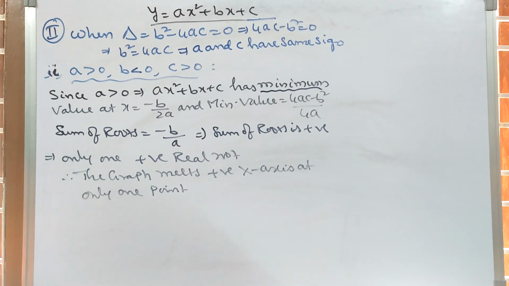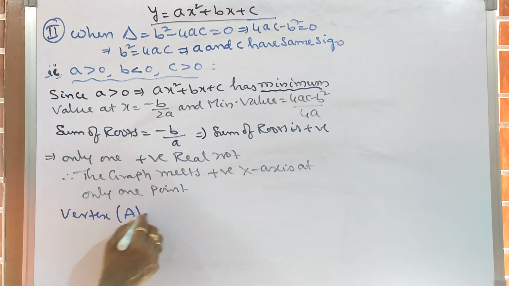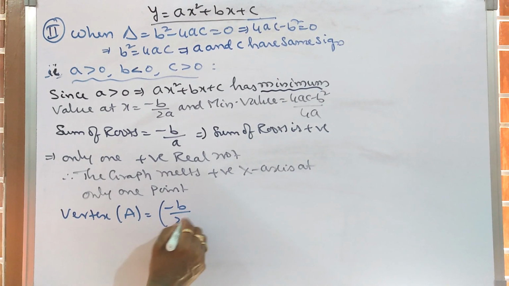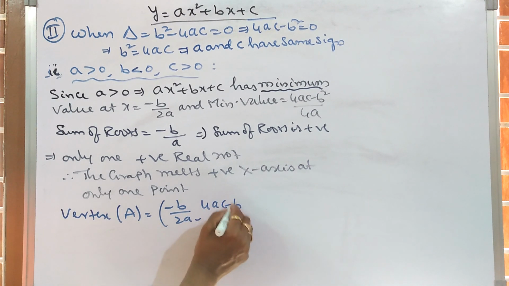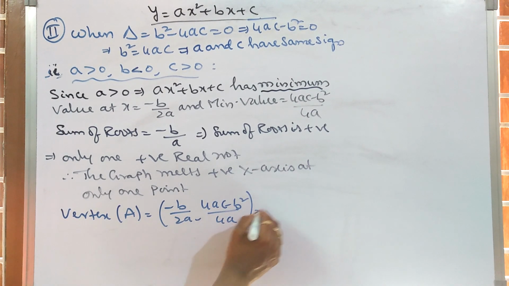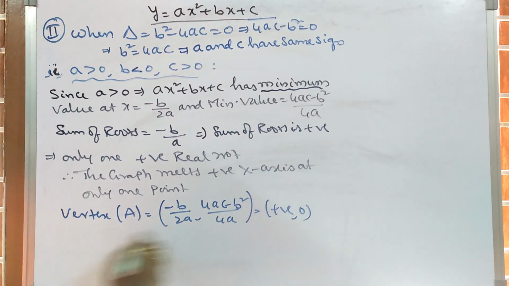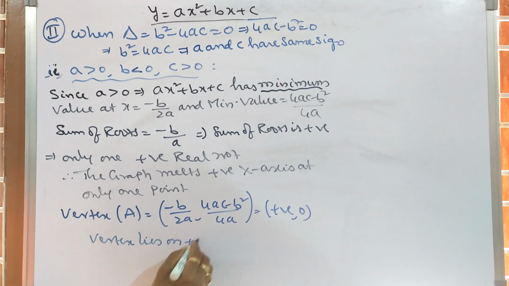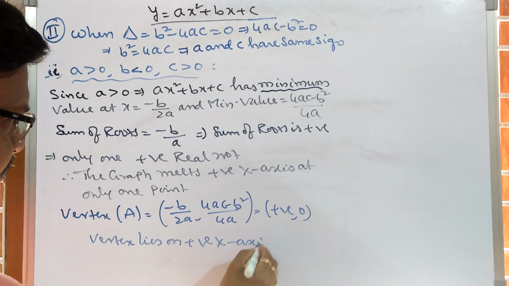Now let us see how the vertex will be. The vertex is equal to minus b by 2a, 4ac minus b square by 4a, that means this is positive comma 0. So the vertex lies on the positive x-axis.